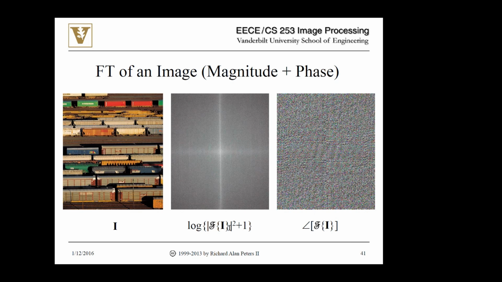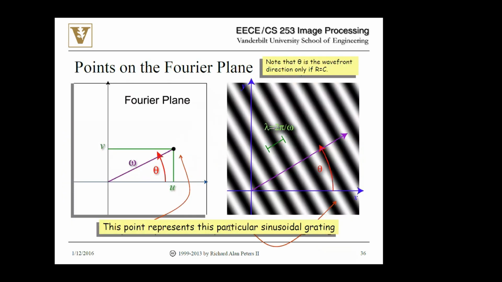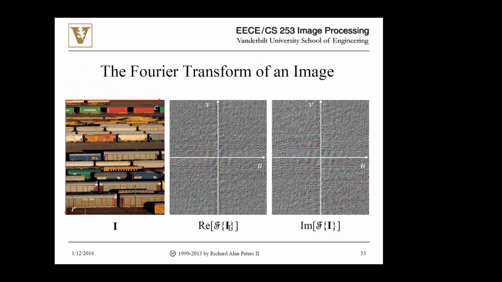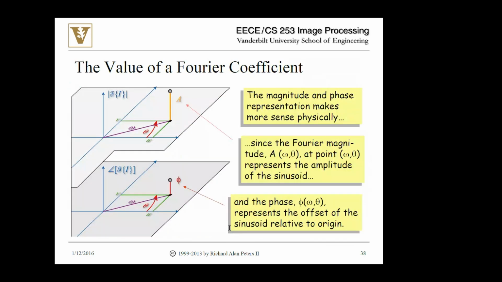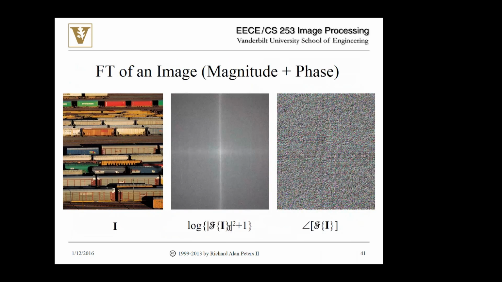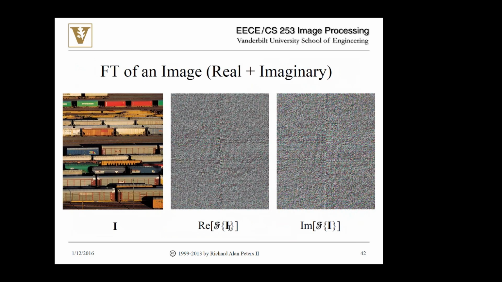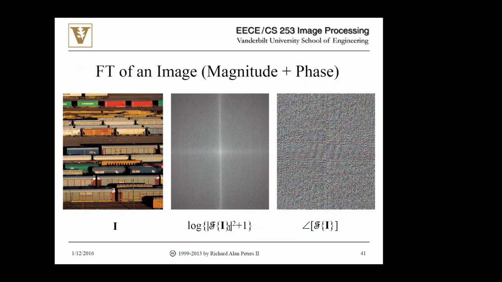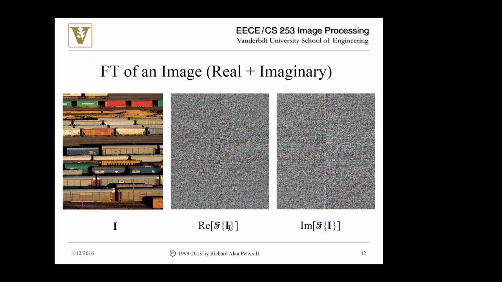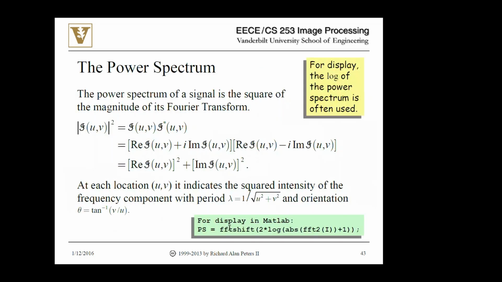We have shown before real and imaginary parts, now with amplitudes and phases. Two different representations of the same Fourier transform. Right? The same information. And the power spectrum.